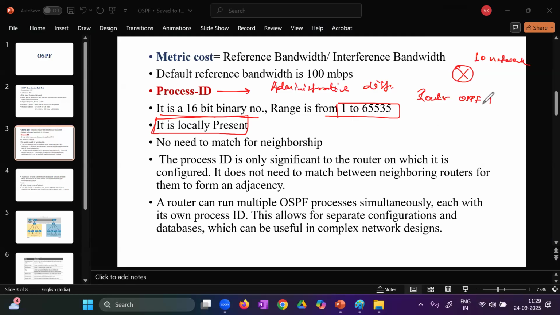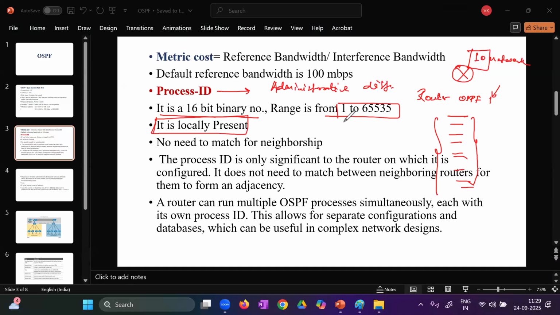Under this one single process ID, you are defining all these 10 networks, right? Now let's say that one of the networks was not working. So you need to go through this particular process ID and check which network is not working, right? If here it is 10 networks, it is going to be very complicated. You need to check all the networks individually, right?